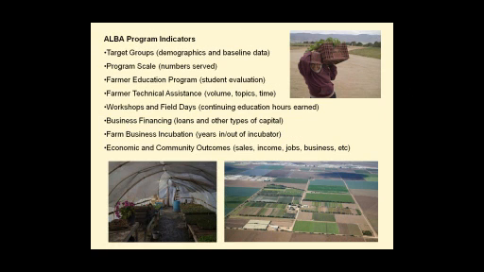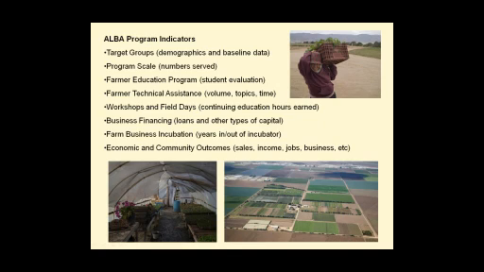I'm going to dive right into our program indicators to give a sense of what we're tracking over time here at Alba. And we believe that this is a suite of topics that is really important for ultimately demonstrating our return on investment. The first thing, of course, we track are the target groups served, demographics, and the all-important baseline data, which includes family income and farm worker status, for example.